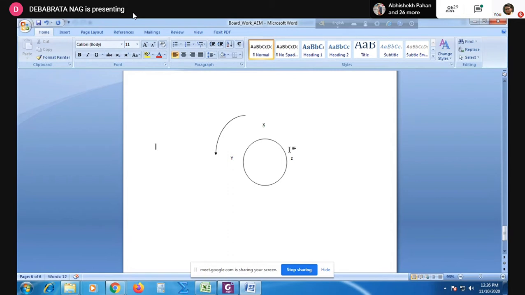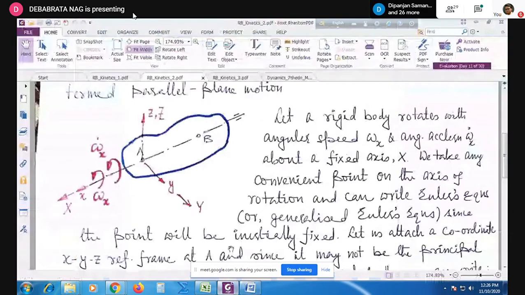I am repeating, the second equation will be summation my equal to minus Ixy into omega dot x plus Ixz into omega x square. So this is precisely the second equation, correct?